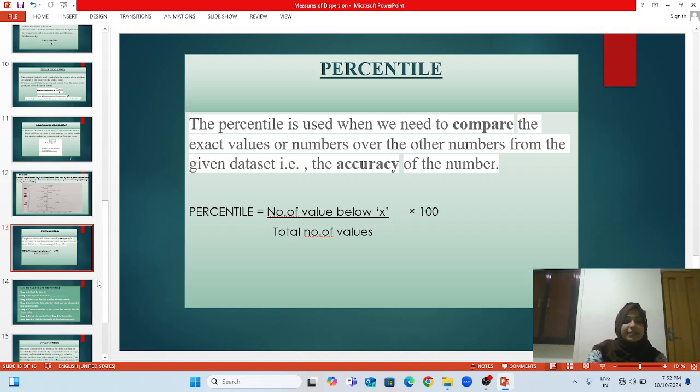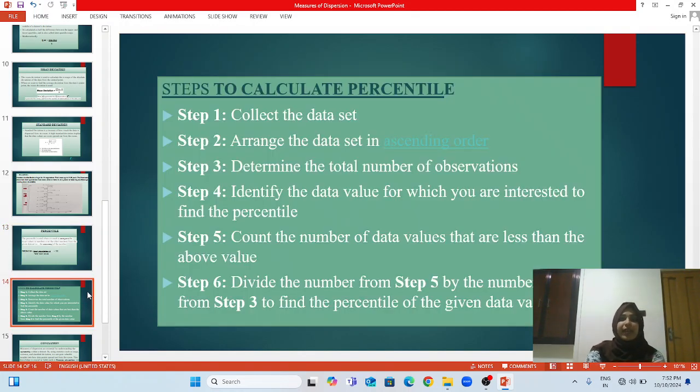Let's see what the steps of calculating percentile are. Step 1, collect the data set. That means we have a particular data set where the percentile is to be calculated. Step 2, arrange the data set in ascending order. For example, if we get 10 observations, we arrange those 10 observations in ascending order.